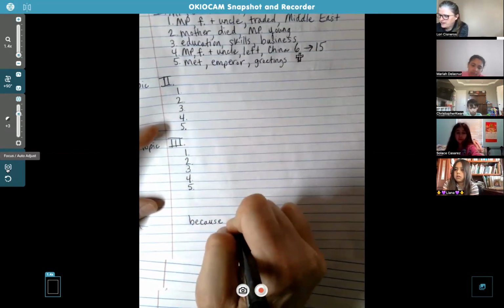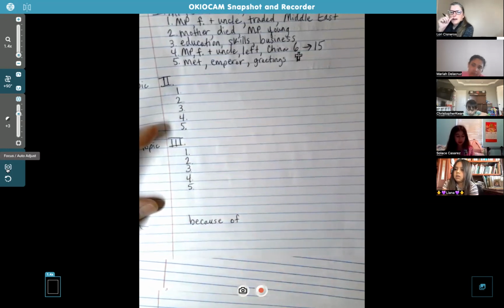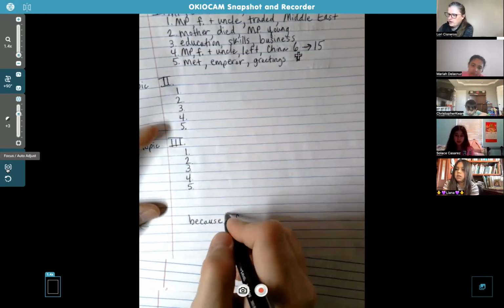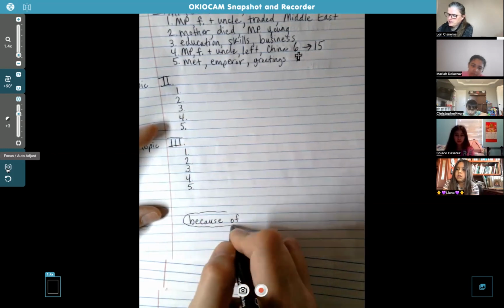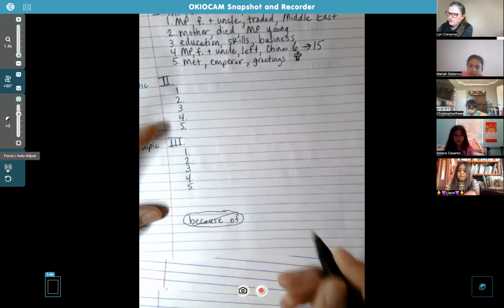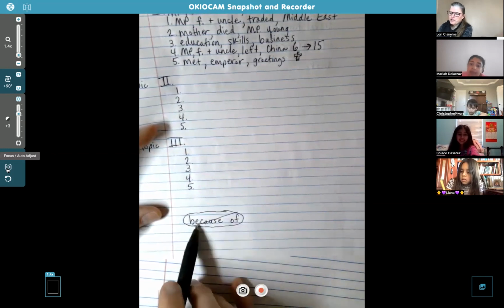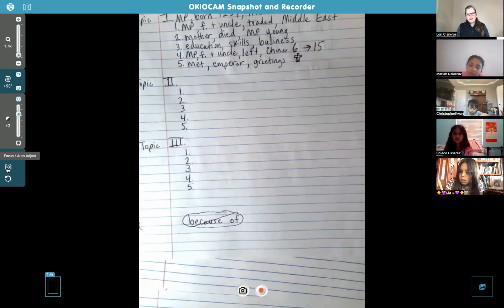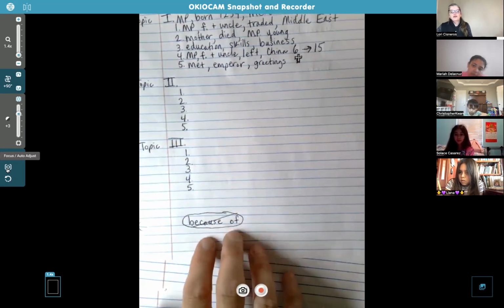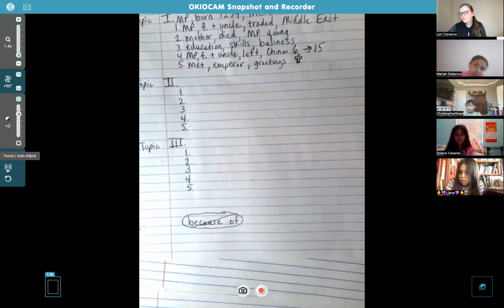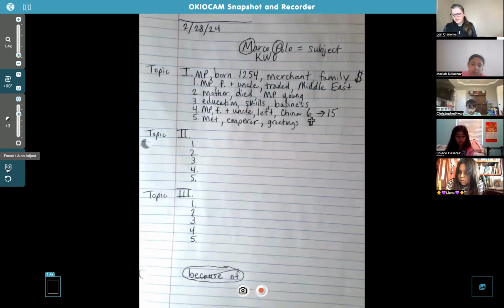Like not use that? I just put no because of. Another way you could do it is like this. Because of. Don't use because of. You can use because. That's okay. But not because of. I like that. Good idea, Lacey. That's a really good idea to put a note at the bottom of your page. That's very smart to do that.